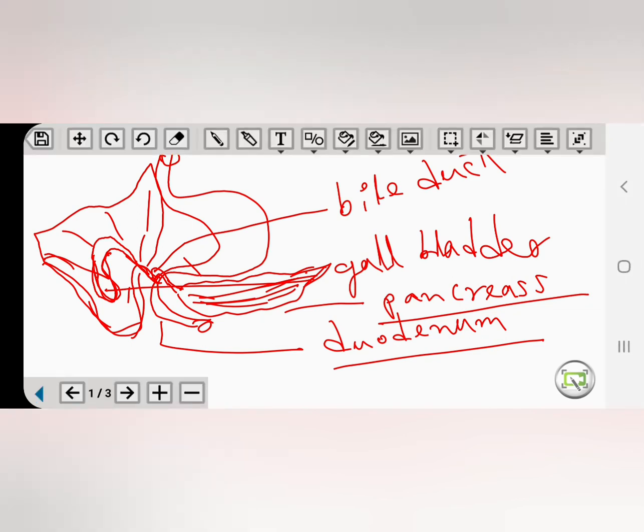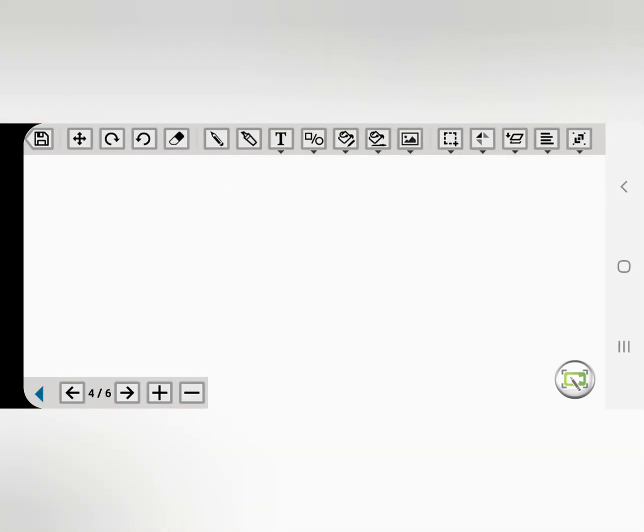This pancreatic juice contains certain enzymes, especially trypsinogen, an inactive enzyme, like pepsinogen in stomach.